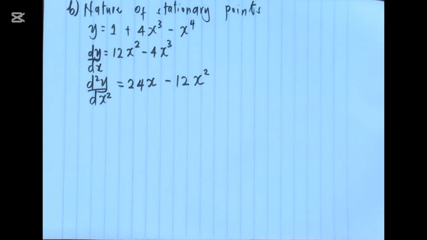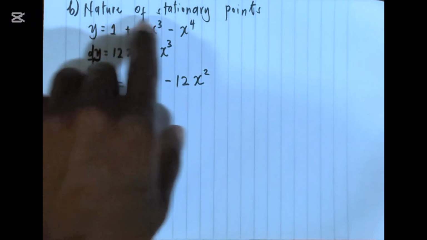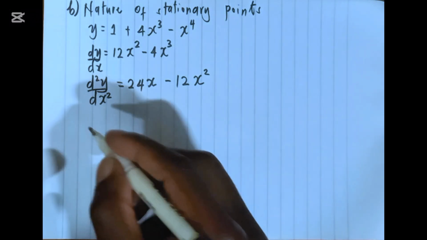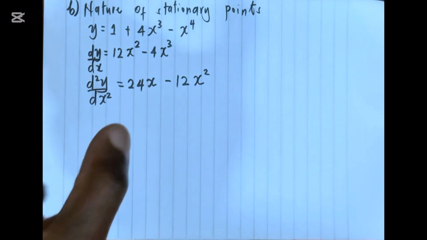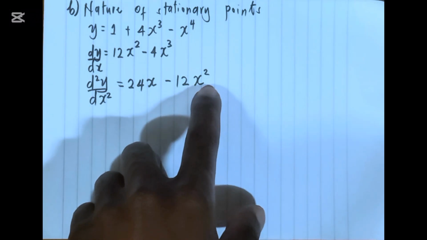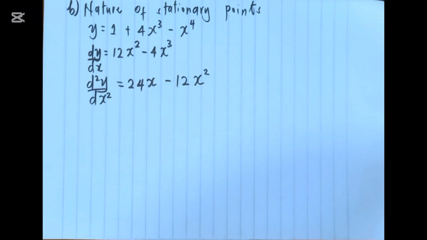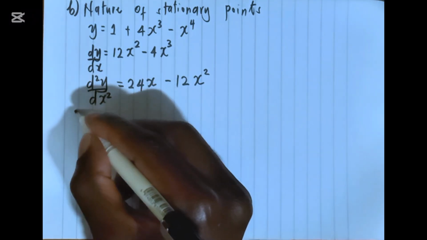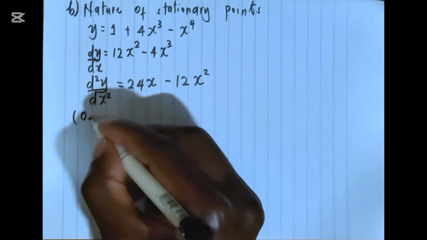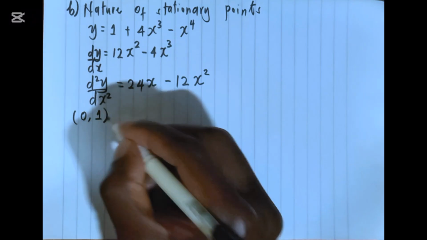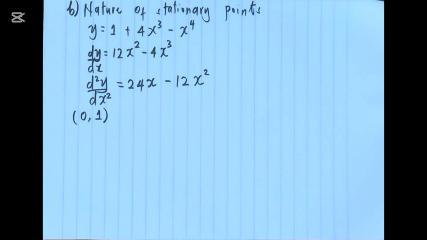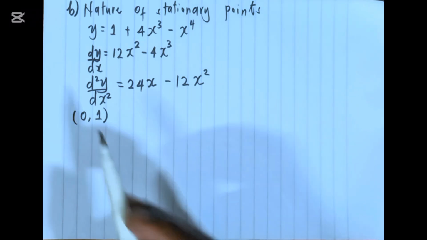So what we then do to determine the nature of the stationary point is take the value of x at each stationary point and substitute it into this expression. Our first stationary point was (0, 1), which means that our x value is equal to 0.